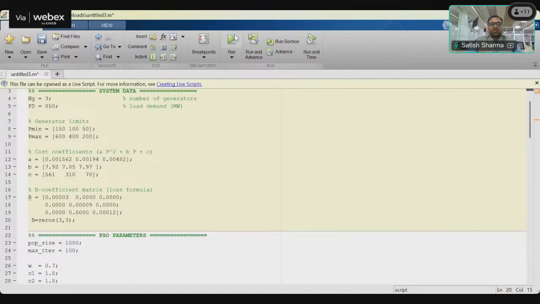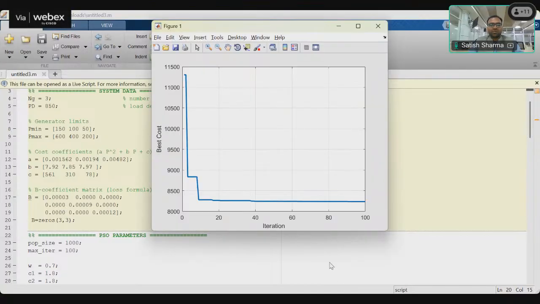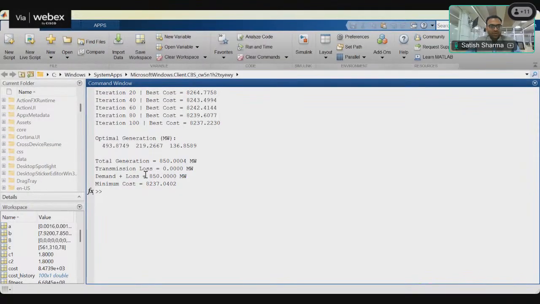Okay, let me run it this time and see what the solution is. It has converged, and the solution is coming out 493, and without losses the solution is quite straightforward, and it should come out 393, 334, and 122. But we are getting a very weird result here.